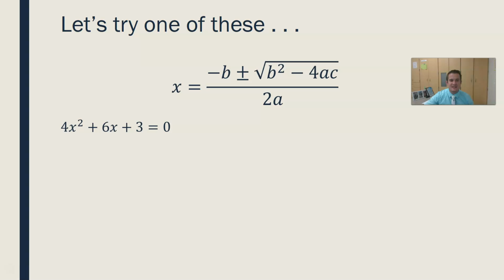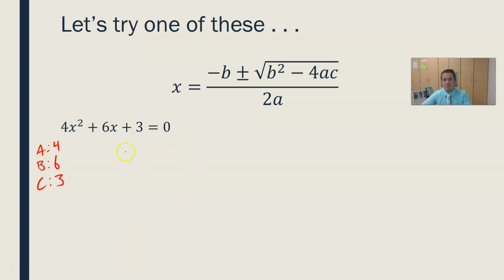We're going to set these up the exact same way as we did in 10.5. I have the quadratic formula right here: x equals negative b plus or minus the square root of b squared minus 4ac, all over 2a. In this quadratic equation, I first need to identify what is a, b, and c. This is already in standard form, so a is 4, b is 6, c is 3.